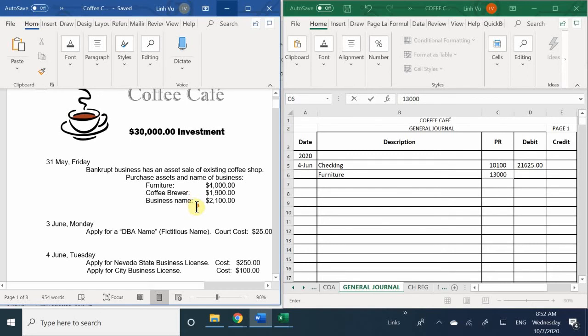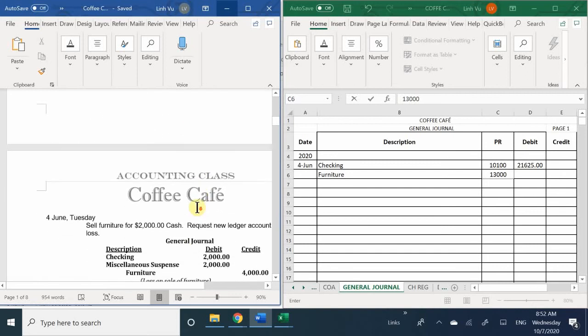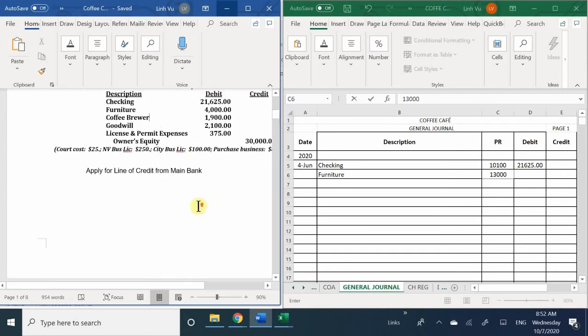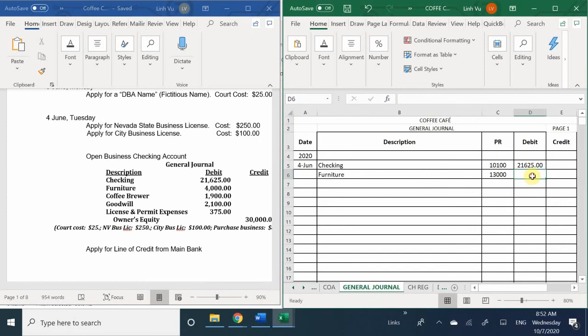Now in this case, I'll let you know ahead of time, this furniture we're going to sell off. So I want you to just recognize it as just plain furniture. There's nothing specific to it because we're not keeping it. We're going to sell it out. So just keep it in the furniture location. And it's for $4,000.